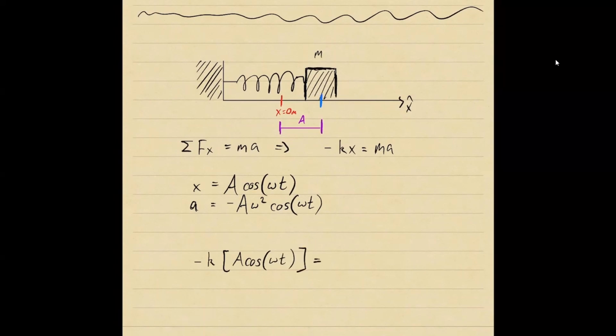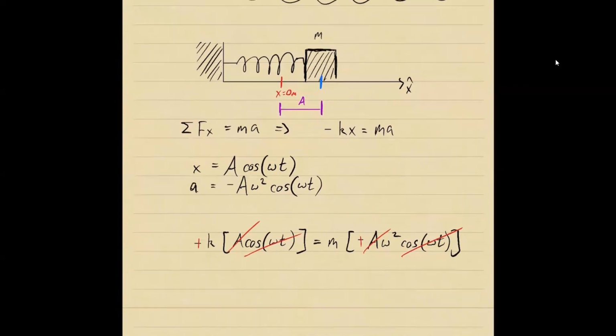Right, and then on the right we have the mass of the box times our acceleration, which is minus A times omega squared times cosine omega t. Right, and so some things cancel. This minus sign gets canceled with this minus sign. This value of A gets canceled with this value of A, because you can divide both sides. And cosine omega t cancels with that cosine omega t.